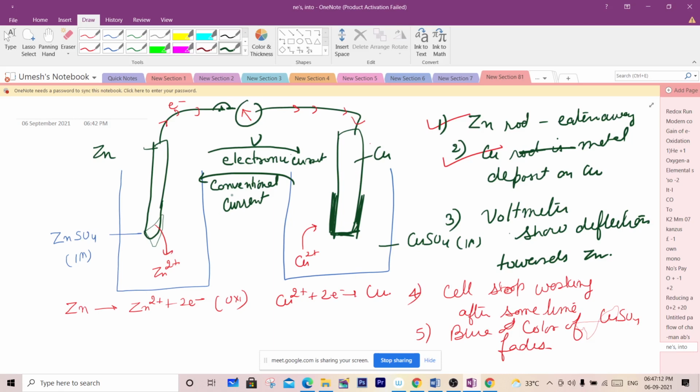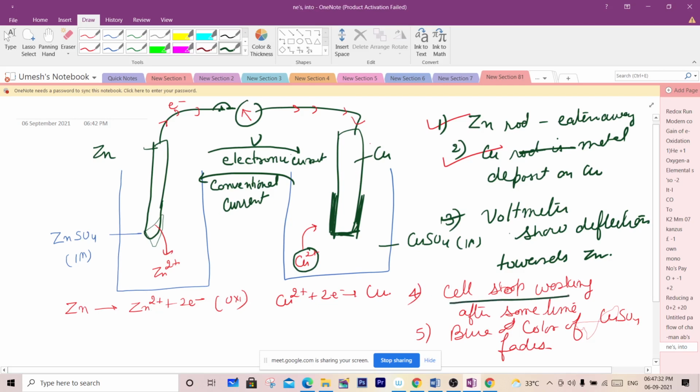Understood? And the blue color is fading because the copper ions are getting deposited here. As long as the copper ions remain in the solution, it will be colored.